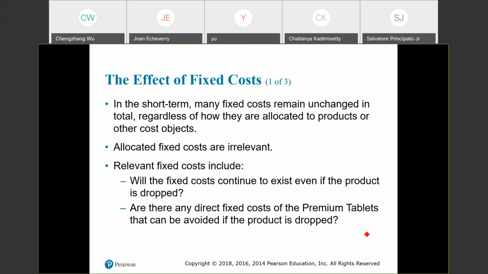But in the short term, many fixed costs remain unchanged in total, regardless of how they are allocated to products or other cost objects. So allocated costs are irrelevant, except for any amounts that will change because of the decision that is made.